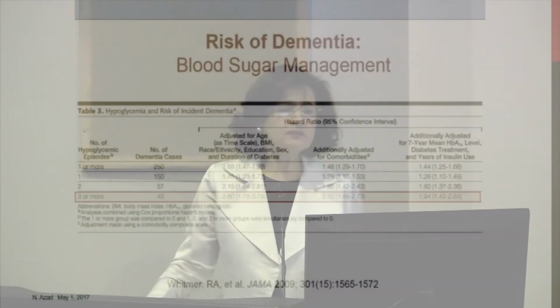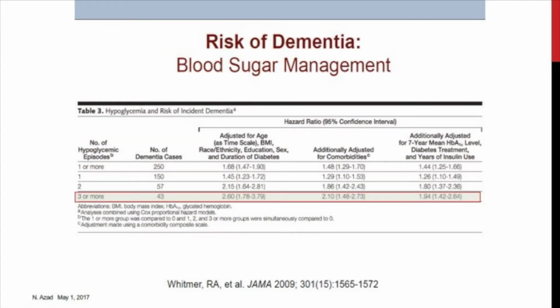How about diabetes? Risk of dementia significantly goes up in diabetic management, particularly with insulin, something that we don't pay much attention to. The more hypoglycemic episodes there are, the more risk of developing dementia. That's quite impressive, and this is why, again, we are really worried about hypoglycemia, and our targets for both blood pressure management and diabetes have changed.